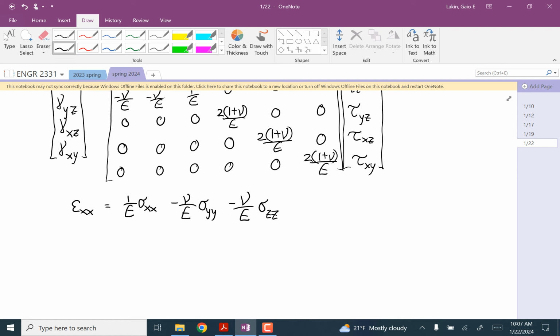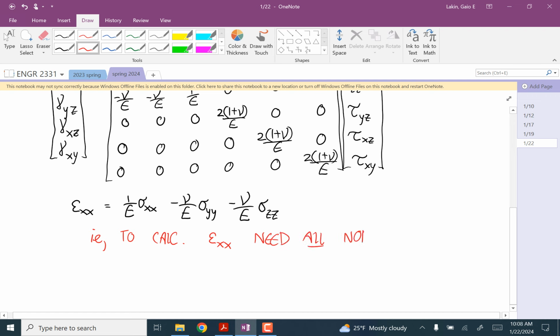Okay, so in other words, to calculate the XX normal strain, you need all the normal stresses but no shear stresses.